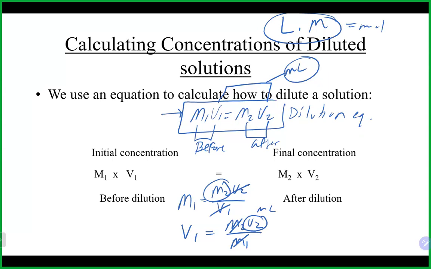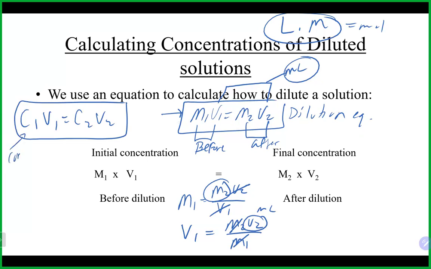Nowadays, though, they like to teach people C1V1 equals C2V2. And C here is concentration. And obviously V is volume still. The reason for that is, technically speaking, you could use any concentration unit you want in this formula.